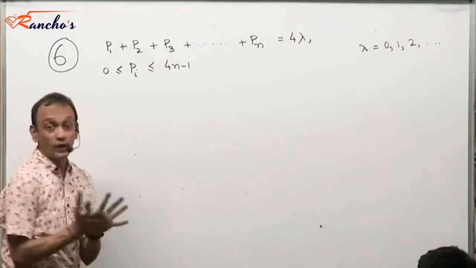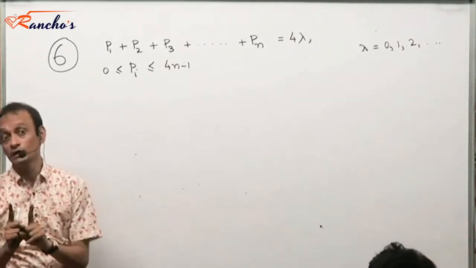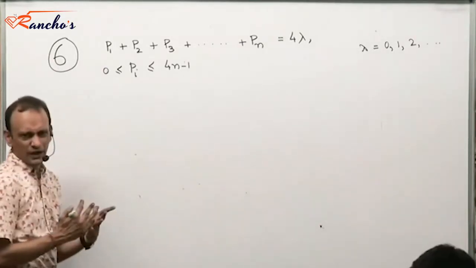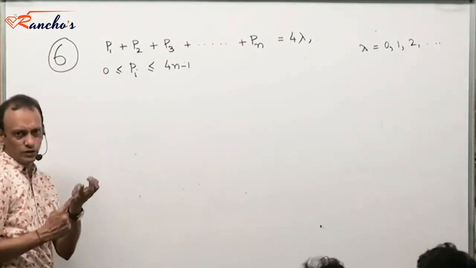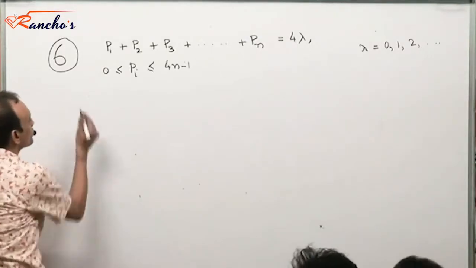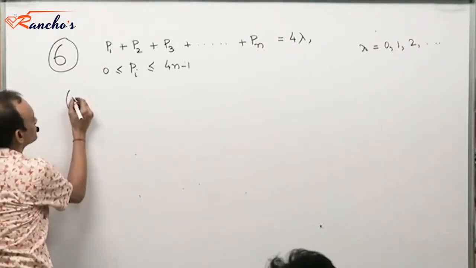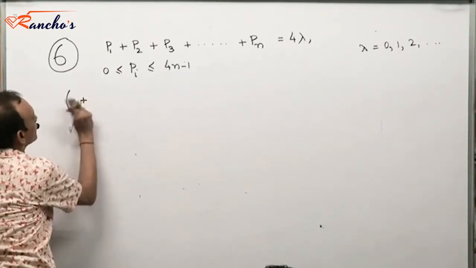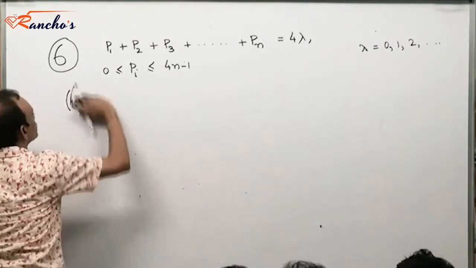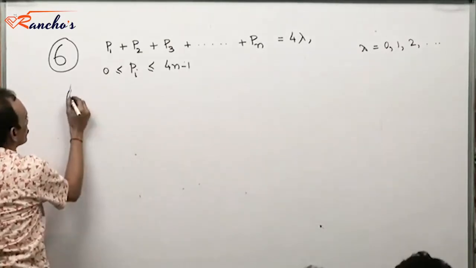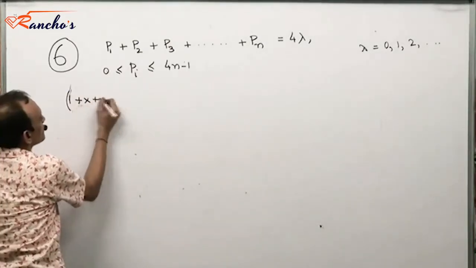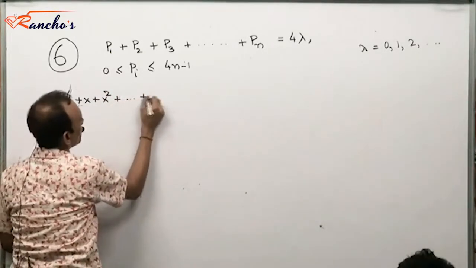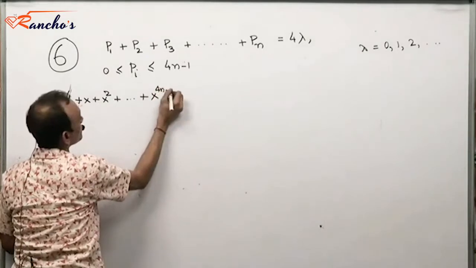So now what I do is I construct polynomials for P1, P2, P3, all of them. Same kind of polynomial, because they will assume values like 0, 1, 2 up to 4n minus 1. So the polynomial for P1 would be x power 0, which is 1, plus x, plus x squared, plus up to x power 4n minus 1.